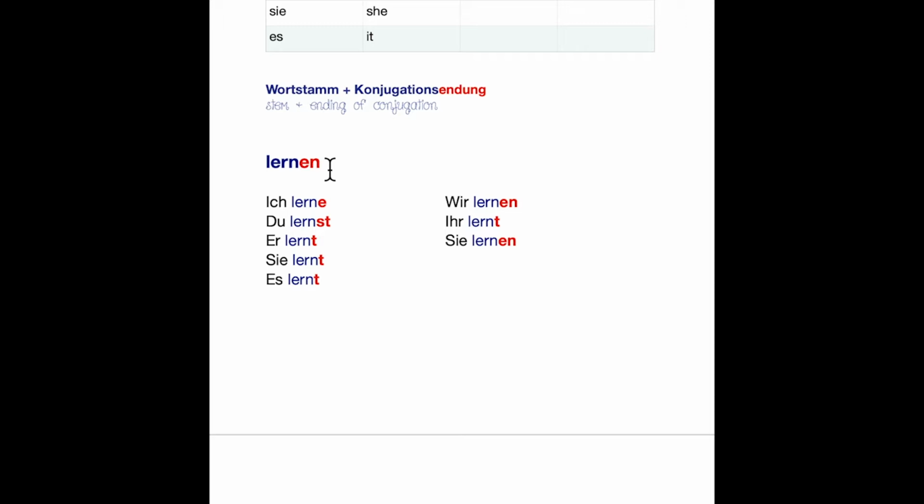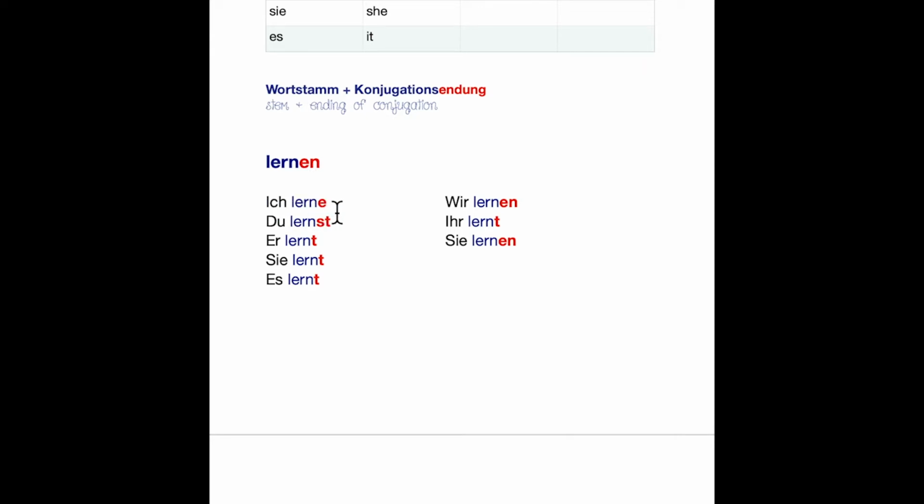Now, how do we find the word stem? We have verbs in a basic form. This basic form ends in en, as I've marked red here for you. If you take en away, you're left with learn in this case. And that's all you need. You need this word stem and then just put it in the correct person with the following rules.